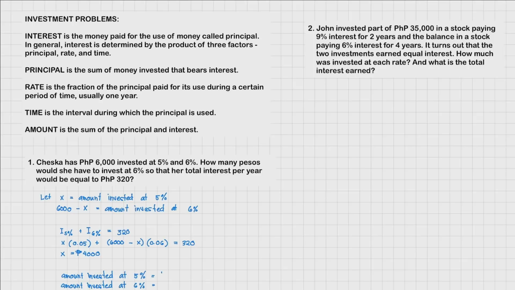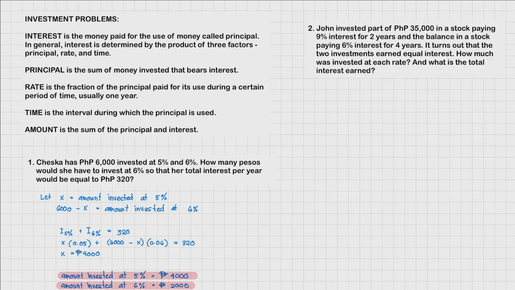So at 5%, we have 4,000 pesos. And then at 6%, we have 6,000 minus 4,000. We have 2,000 pesos. Alright, so that's our final answers for the first example.